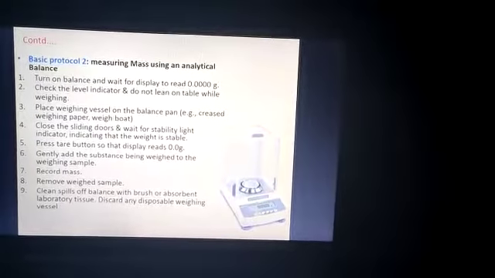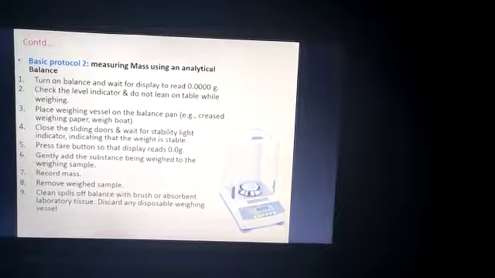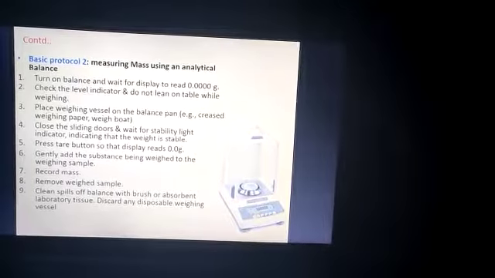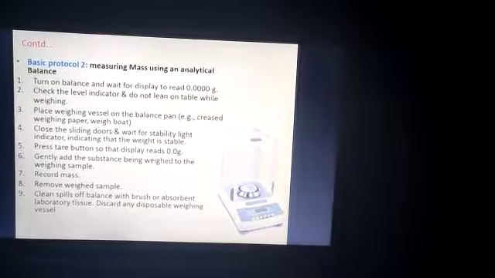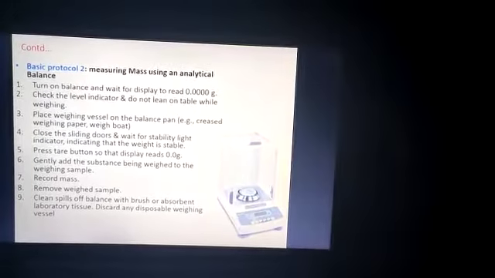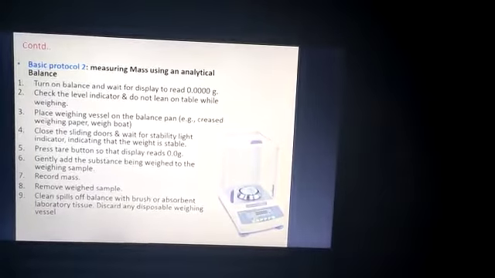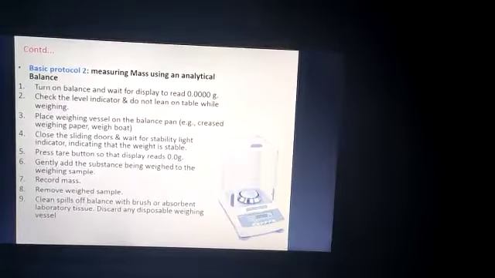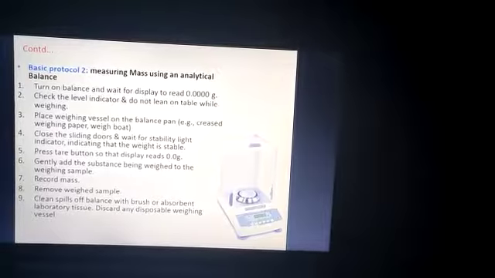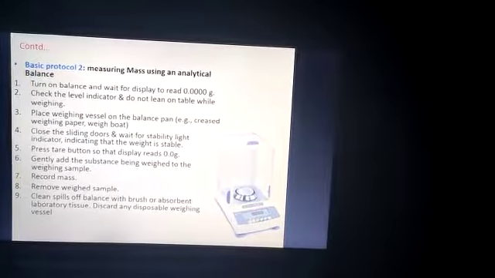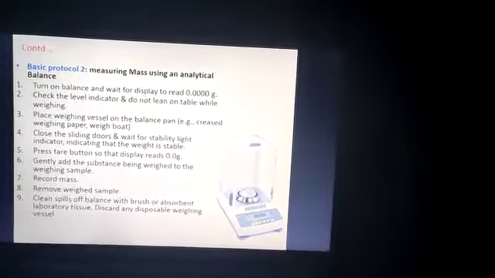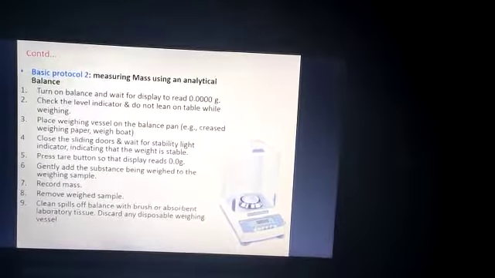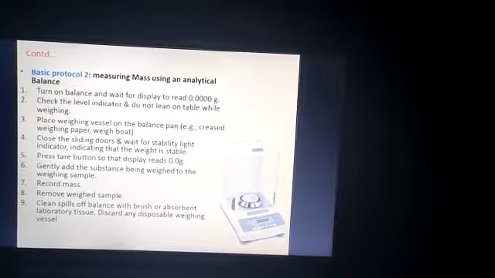Then, basic protocol 2, measuring mass using an analytical balance. Turn on the balance and wait for display to read 0.000 grams. Check the level indicator and do not lean on the table while waiting. Place the weighing vessel on the balance pan, for example creased weighing paper, weighboat, etc. Close the sliding doors and wait for the stability light indicator indicating that the weight is stable.